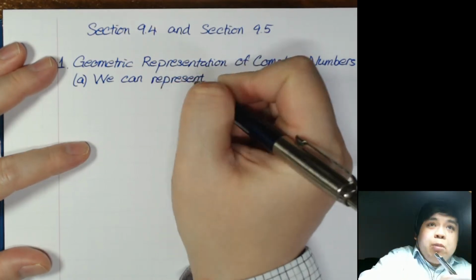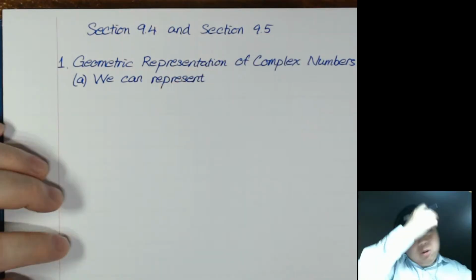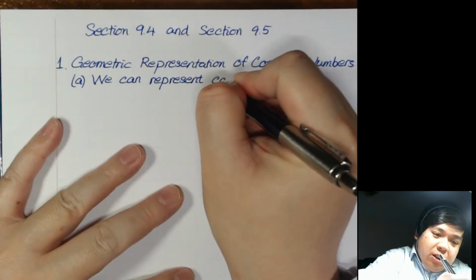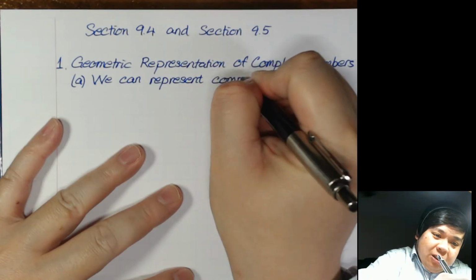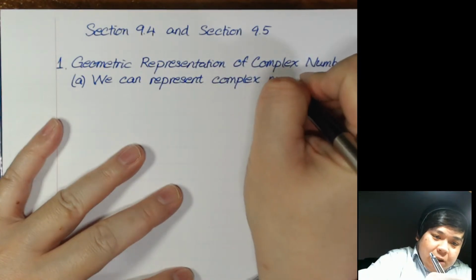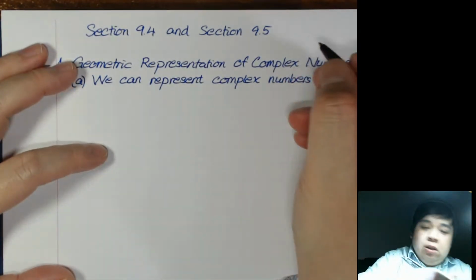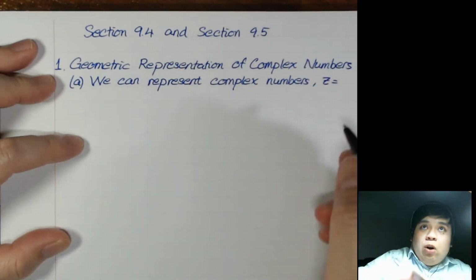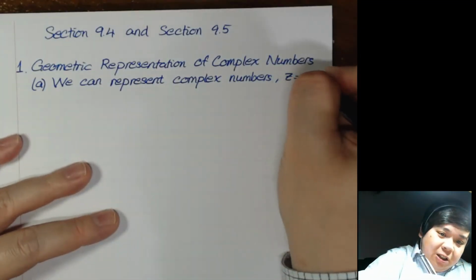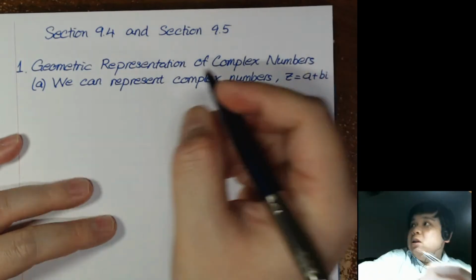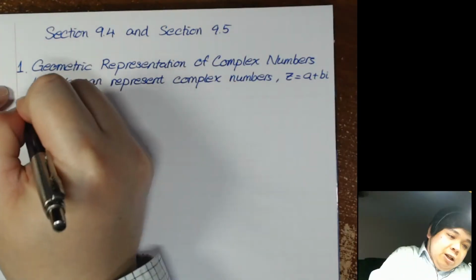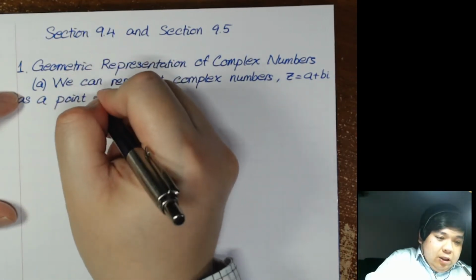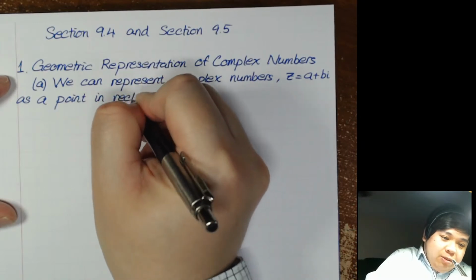So last time, if you watched the offline video, we talked about complex numbers, and we can represent a complex number z equal a plus bi as a point in the rectangular coordinate system.